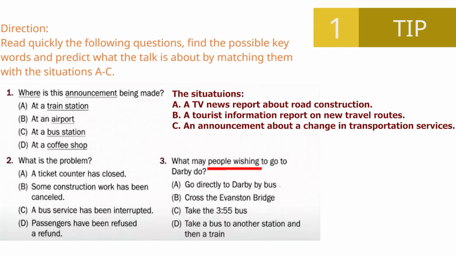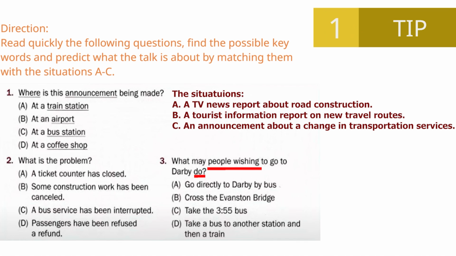The first keyword is people wishing to go, and do, instead of what. Probably the first possible keyword is what, the second is people wishing to go, and the last, do. And look at the options here.